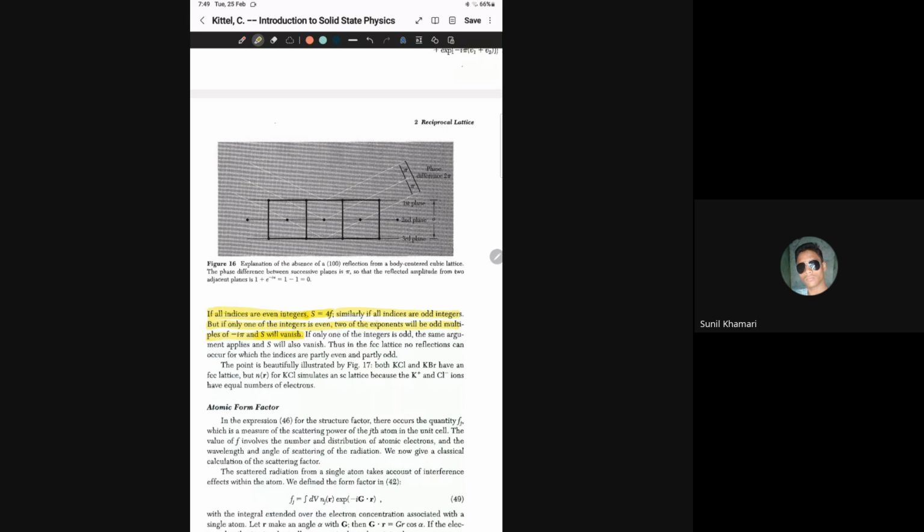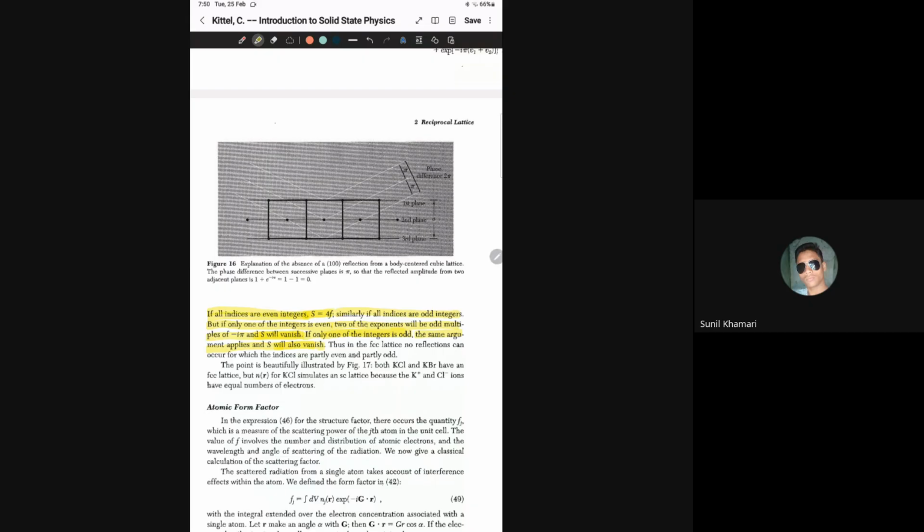If all are even, then S is equal to 4f. If all are odd, then S vanishes. If only one of the integers is odd, the same argument applies and S will vanish.